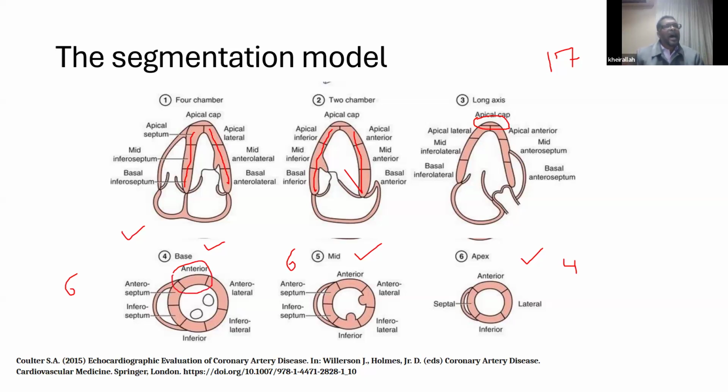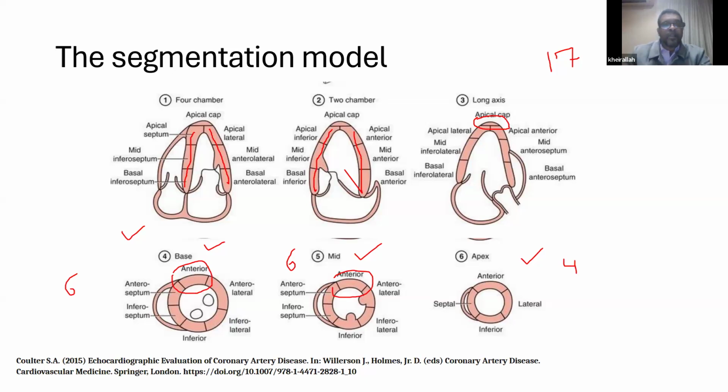You say there is hypokinesis of the basal anterior segment. Okay, if there is also hypokinesis here, then you are going to describe there is hypokinesis of the basal and mid anterior segment. Okay, and you go on detailing the segments that are involved in hypokinesis or akinesis.